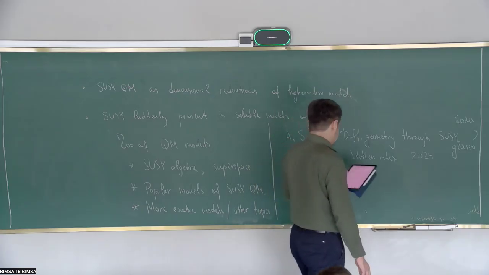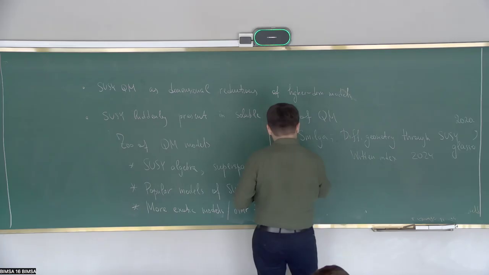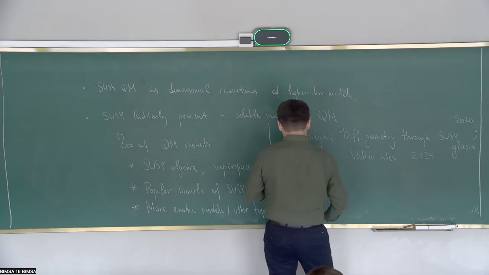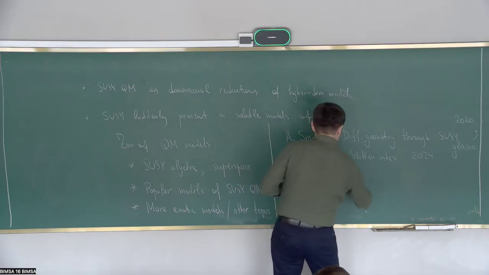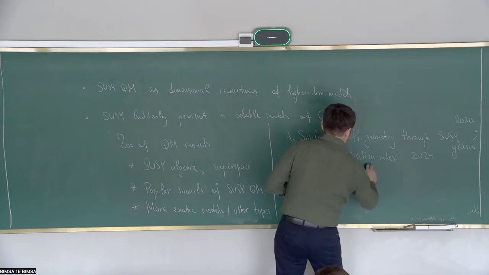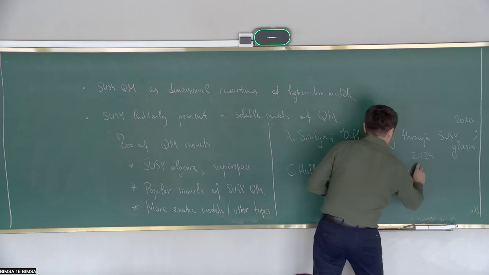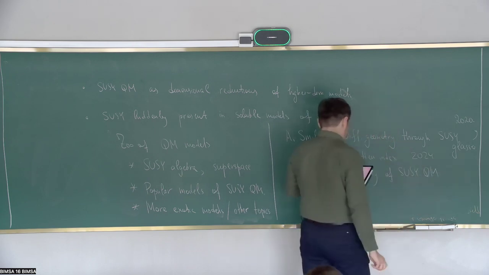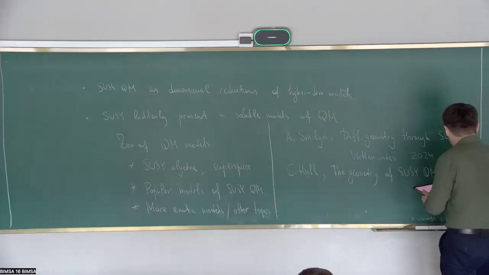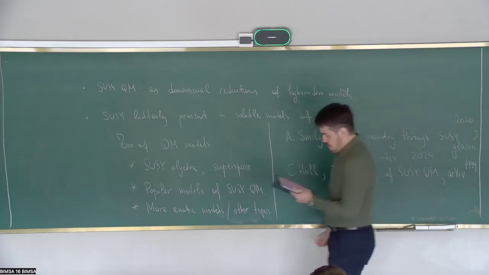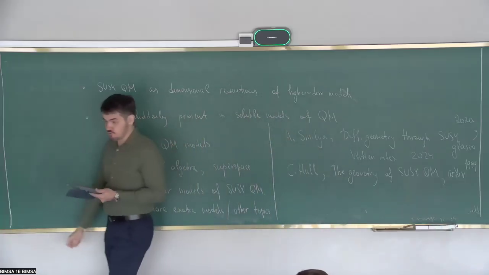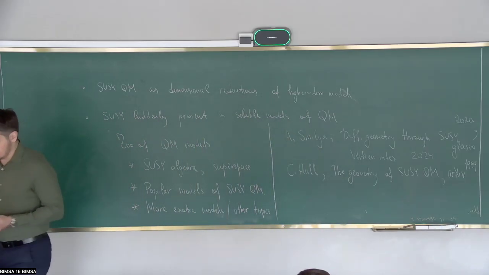Then there is a paper by Howe called The Geometry of Supersymmetric Quantum Mechanics, on arXiv. It discusses the differential geometry of various quantum mechanical models.